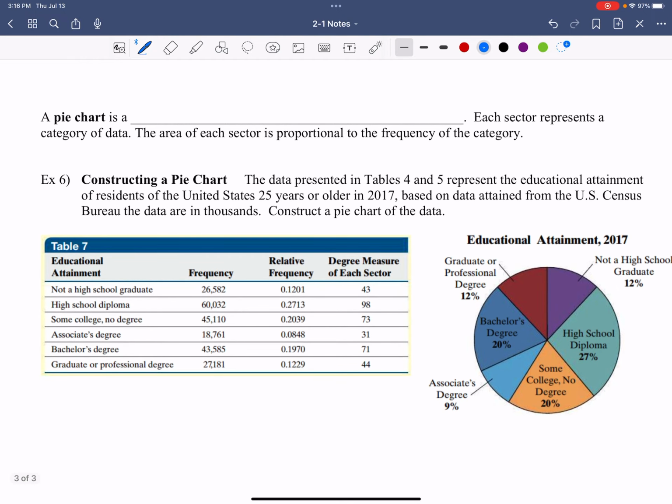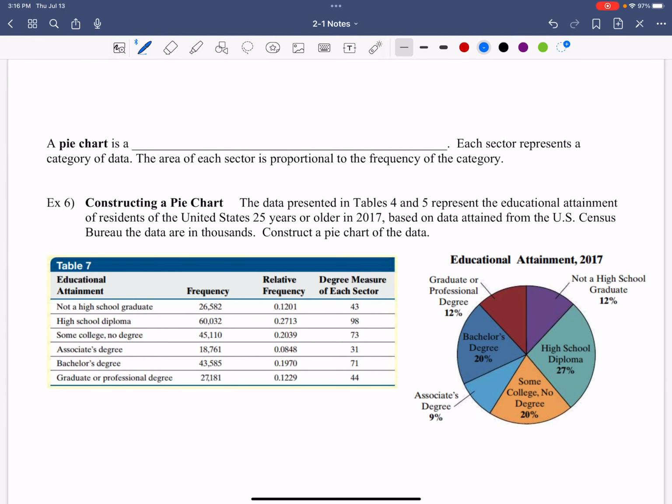There's all different kinds of graphs that we can be looking at. Bar graphs, I think we covered that. Now let's look at a different kind, a pie chart. So a pie chart is a circle divided into sectors. A circle, because it's a pie, right?